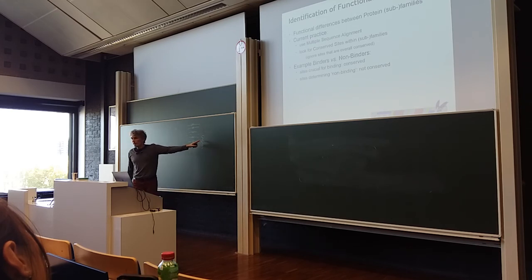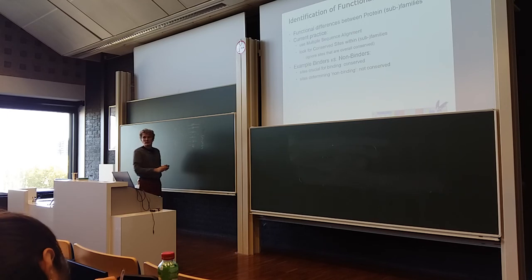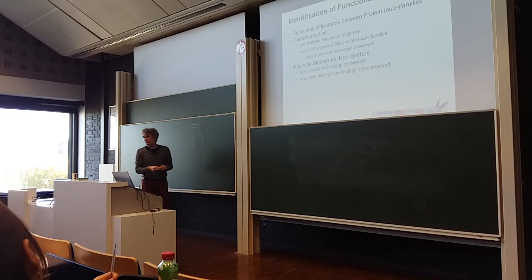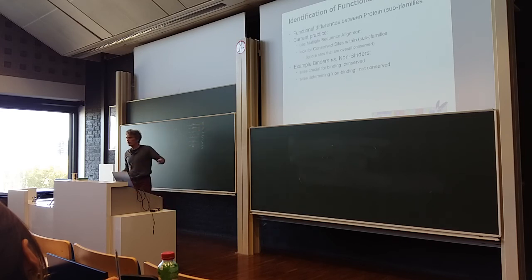But if I put a serine here, and this is a different position in the sequence, but maybe it's the same binding area on the surface of the protein, in the three-dimensional structure, I need a serine there to bind the ligand for B, and just anything else, just not a serine, or maybe not a polar amino acid. So maybe I need something hydrophobic there to avoid binding ligand B.